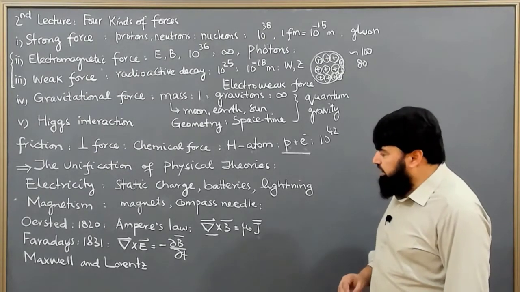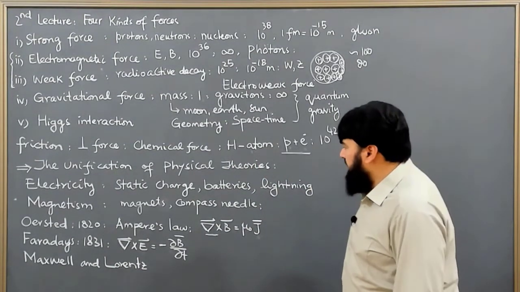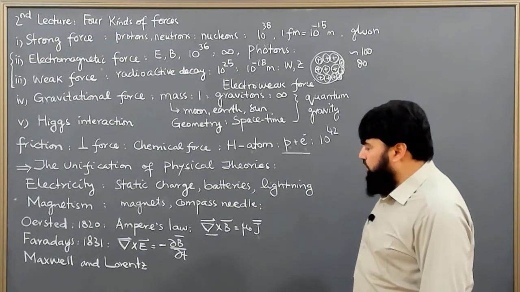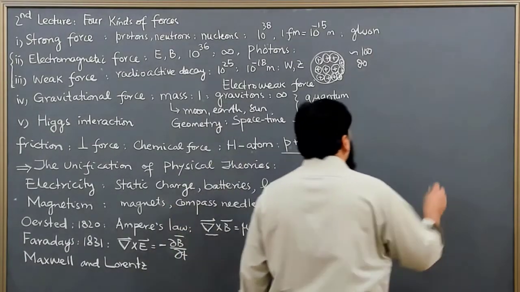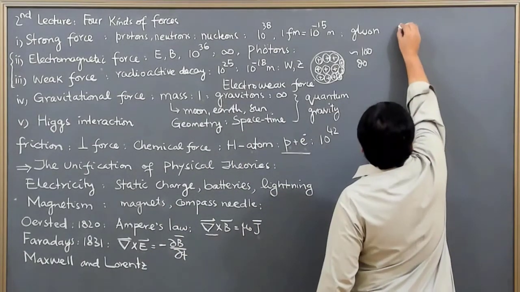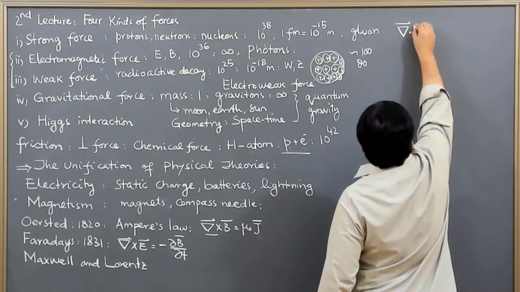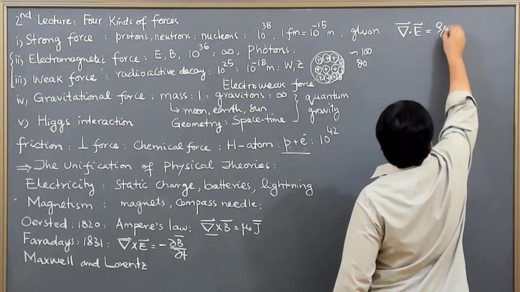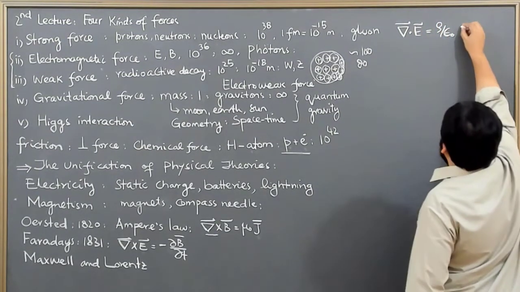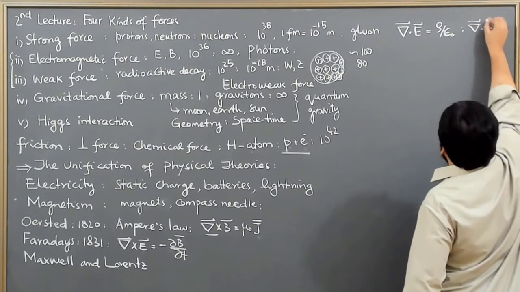And Maxwell went further by combining all the equations, like the very first one, Gauss's law: divergence of electric field is equal to rho over epsilon naught, while the magnetic field does not diverge at all.